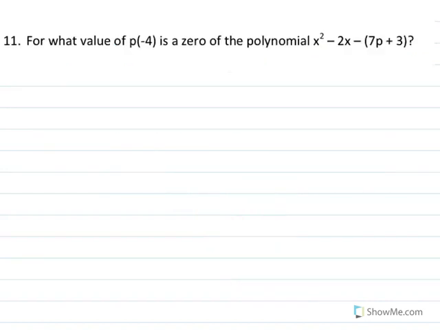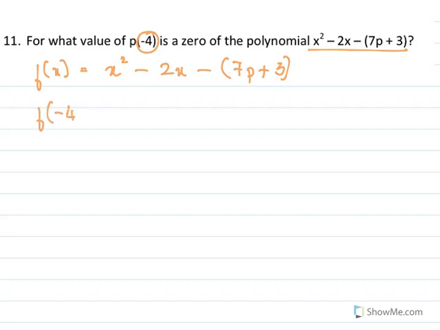Here's a similar sum. For what value of p is minus 4 a 0? So we have, say, f of x, this is a polynomial, x square minus 2x minus 7p plus 3, and minus 4 is a 0, so f of minus 4, which means wherever there is x, we have to put minus 4.